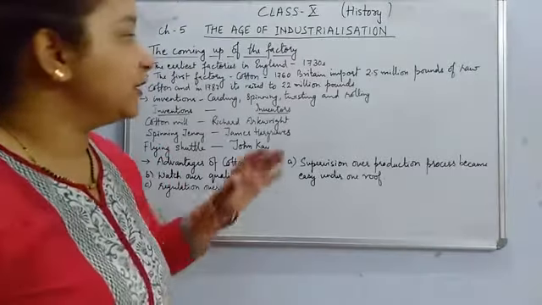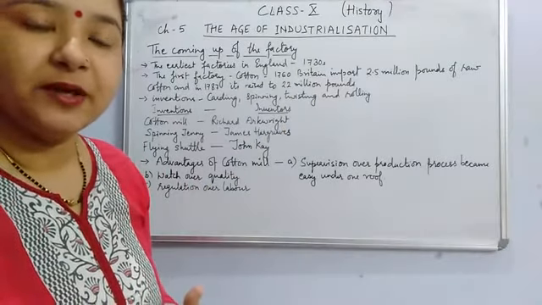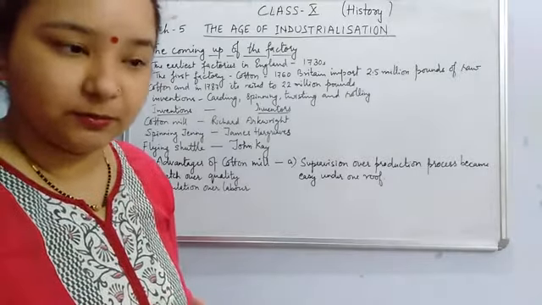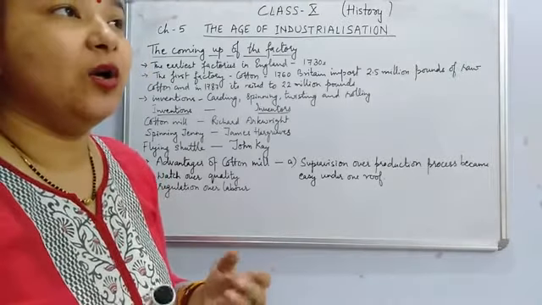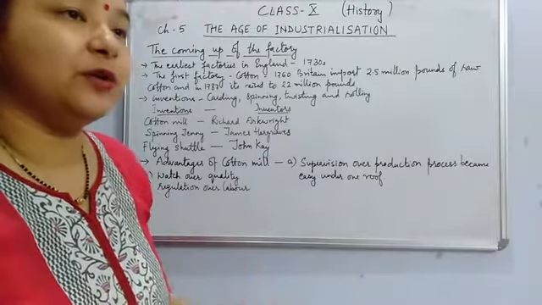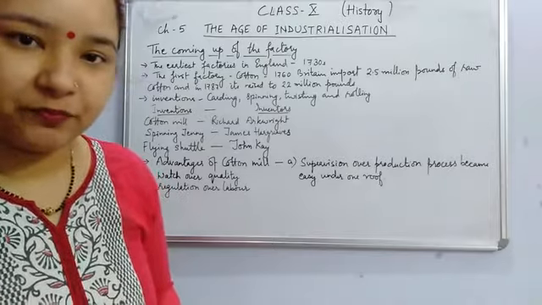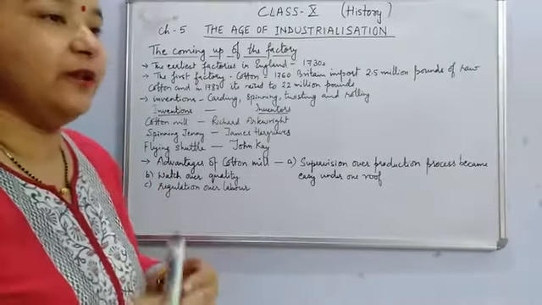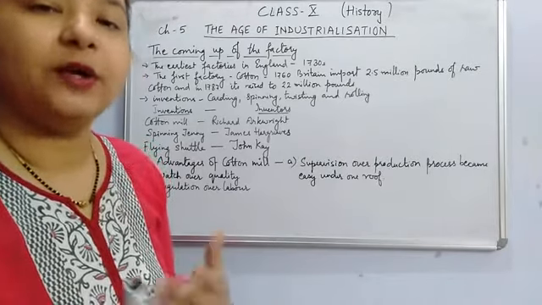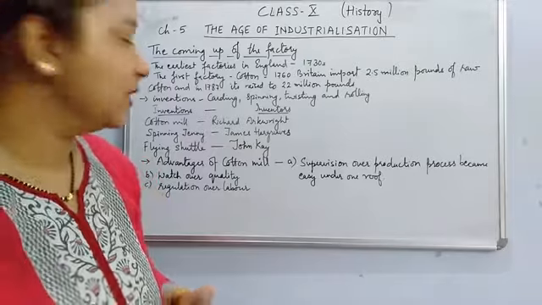Because this was the time period when many inventions took place, and whatever machinery or new technology came was best suited to the textile industry. Every step of the process of making cloth was improved due to this.